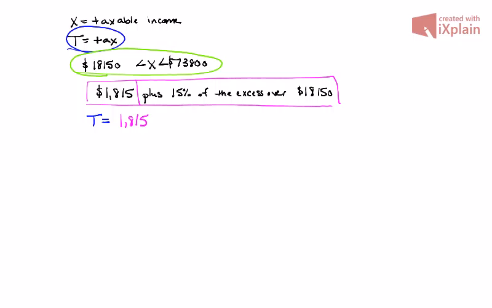So let's just look at this portion here. I know that I need to find the excess that is over $18,150. So I know that my value is going to be somewhere in between what I have circled in green. So I'm actually going to say my excess in this case is going to be x minus that $18,150.